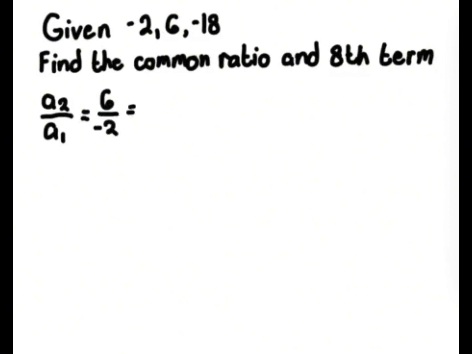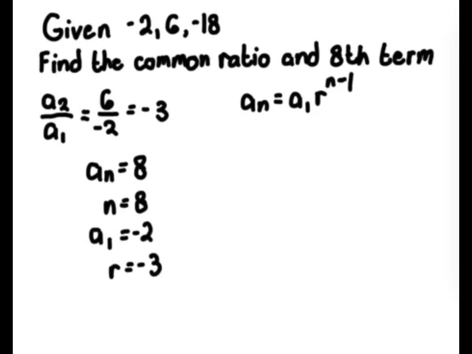That is why 6 divided by -2 is equal to -3, which means the common ratio of this sequence is -3. Now, let's find the nth term of the geometric sequence through the formula a sub n is equal to a sub 1 times r raised to the power of n minus 1. Now, let's substitute the given values.